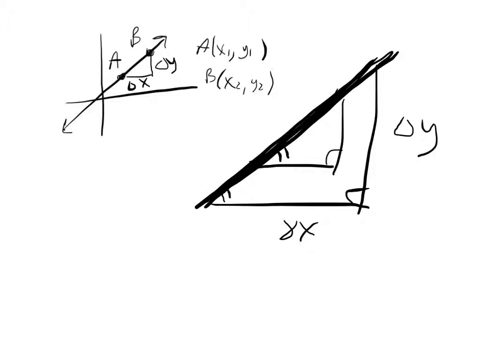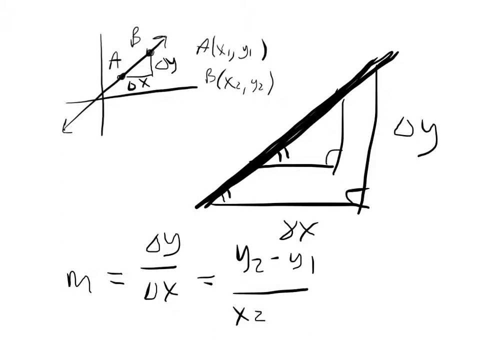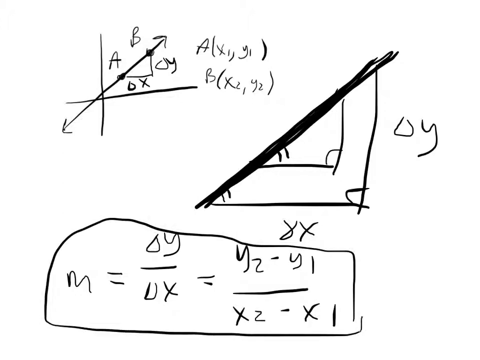So again, looking at that idea of a constant slope, the slope then is delta y over delta x, and we said that is y2 minus y1 over x2 minus x1. That is the fundamental idea that you need to find an equation of a line.